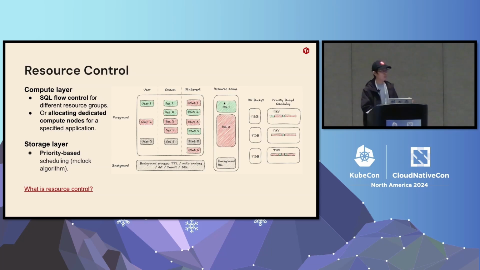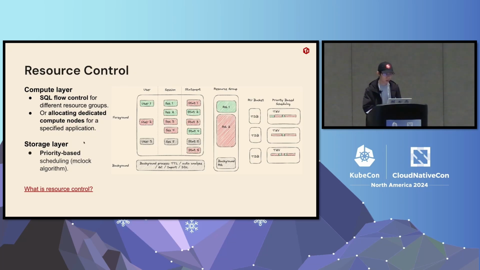You can bind multiple applications into one resource group, which means these applications share the resources in this resource group. You can also allocate a dedicated resource group to a significant customer, like a KA customer or KA tenant.